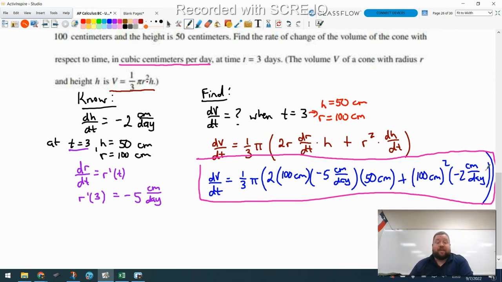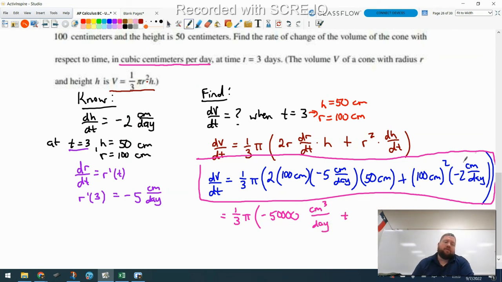Okay, if you want to match it up with the answer key, you have to work a little bit more. All right, so let's see if we can get there. I have my 1/3 pi. We have -250 times 2 is -500 times 100 is -50,000 centimeters cubed per day.